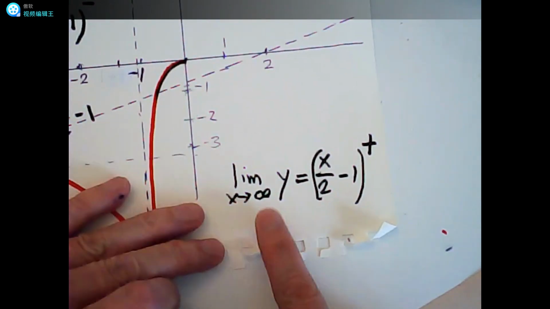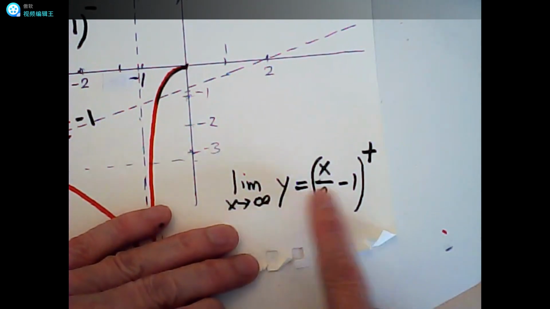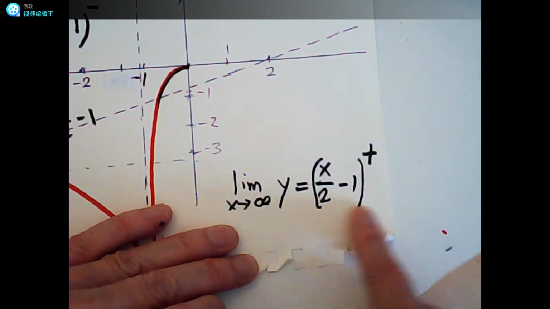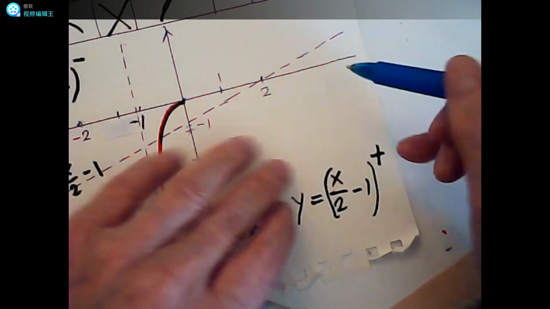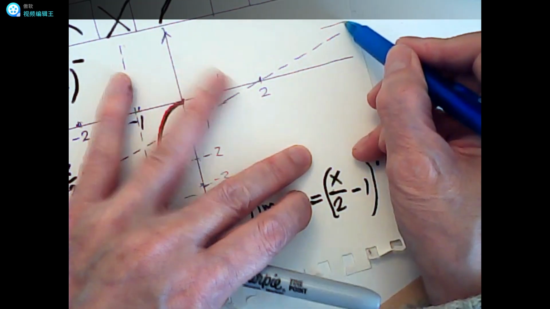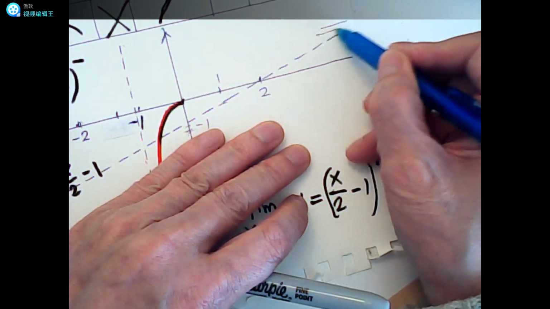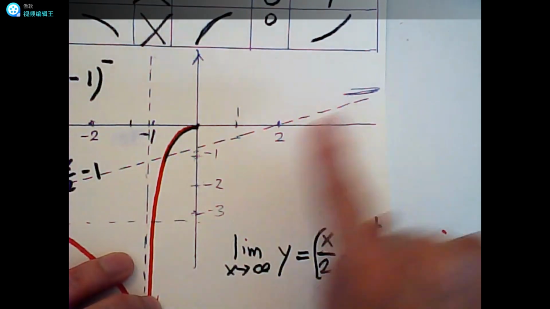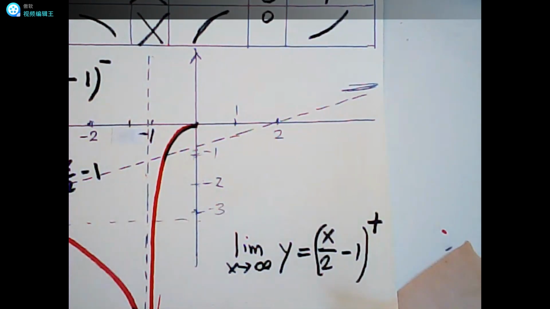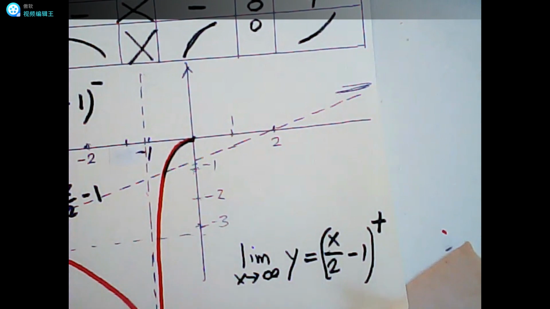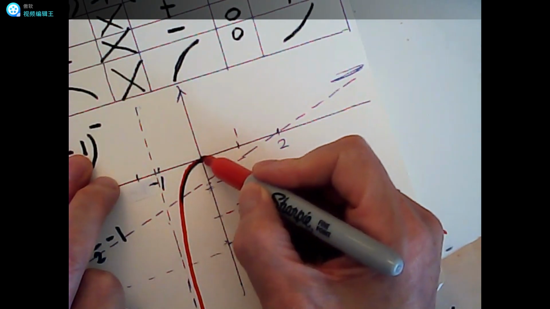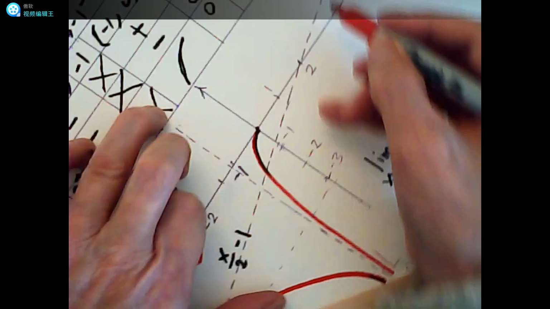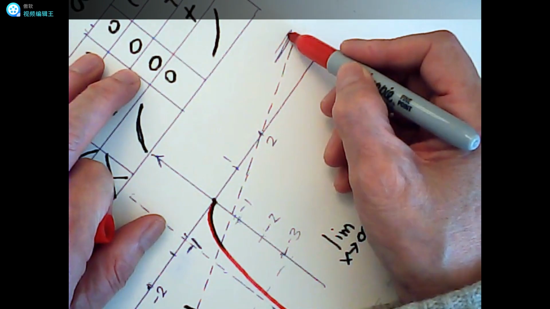And when x approaches infinity, y is approaching this straight line. That means the curve is close to this straight line when x is very large. And the shape is this.